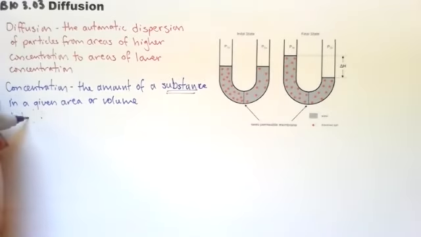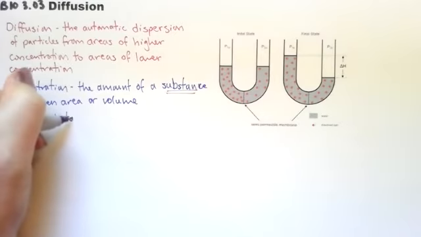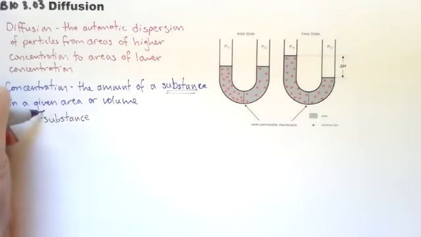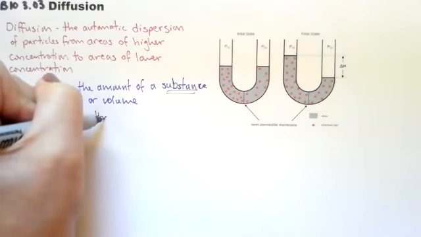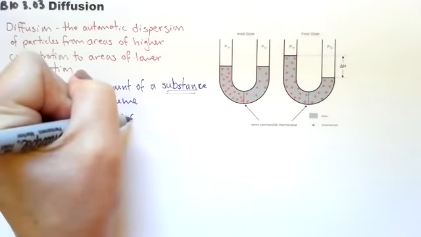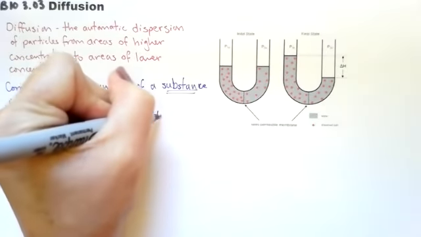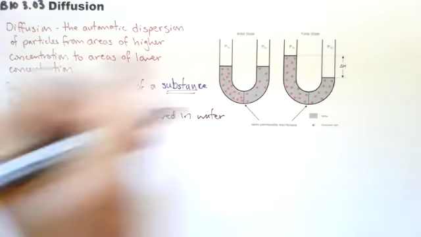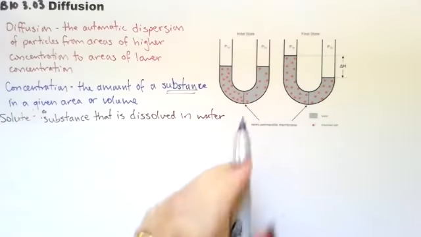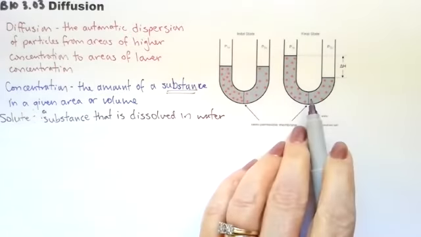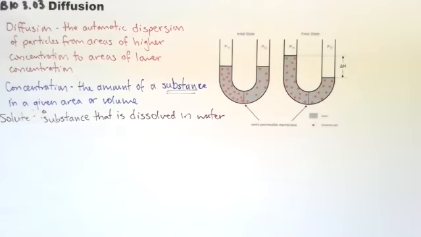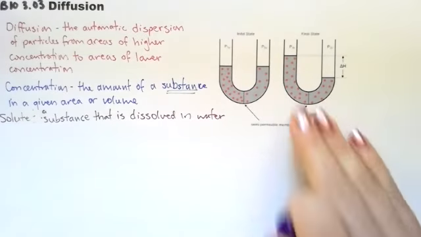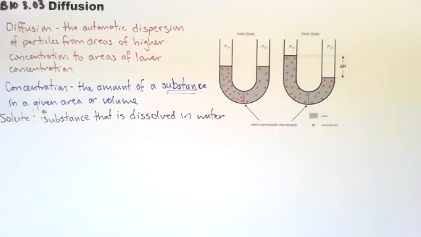Solute is a substance that is dissolved in water. And I don't want to talk about this too much because this is actually an example of osmosis. But we'll come back to this. I'm going to use this a little bit in the next lesson.